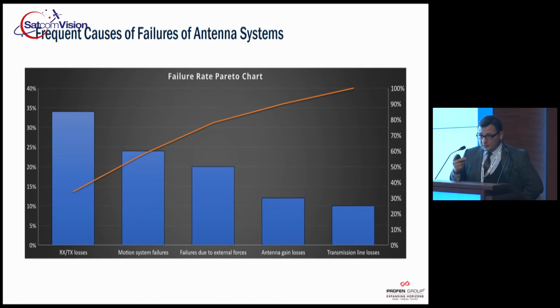So here, 2 main causes, RX and TX losses and motion system failures, represent almost 65 to 66% of the losses, which means that we can easily track these root causes by using a predictive maintenance system and prevent the system from stopping functioning.